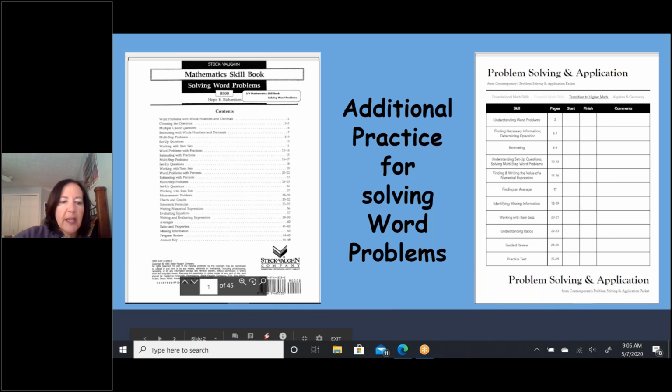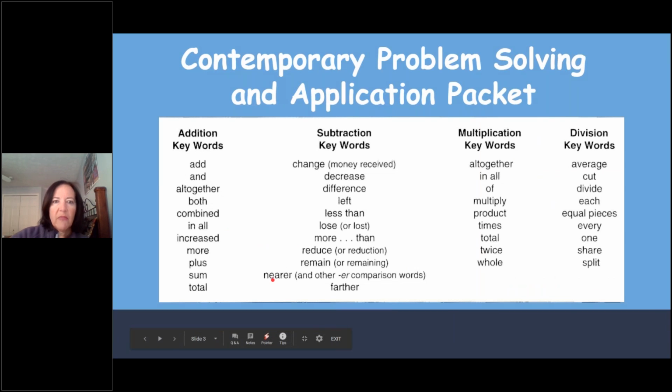Okay, before we get too far, I wanted to show you a couple of the note pages. These come from the two packets I was just talking about. I recommend that you flip through and find these key words that are used in word problems that help you understand whether you should be adding, subtracting, multiplying, or dividing.